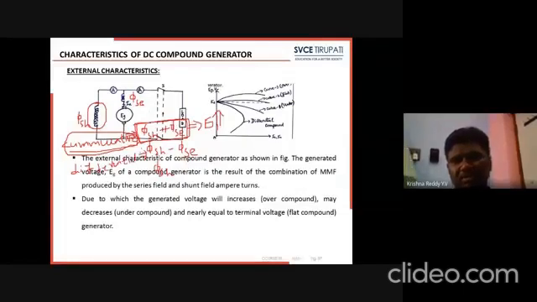Here, due to the high amount of flux, the voltage will increase like this. It is an over compound generator. Otherwise, in a differential compound generator, the voltage decreases like this.